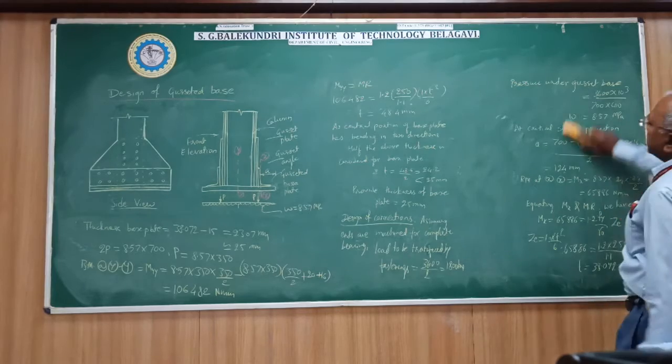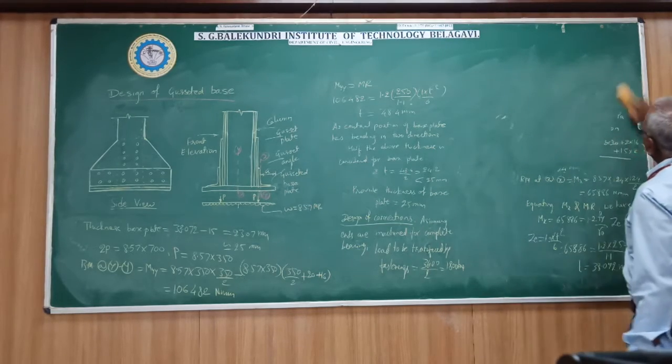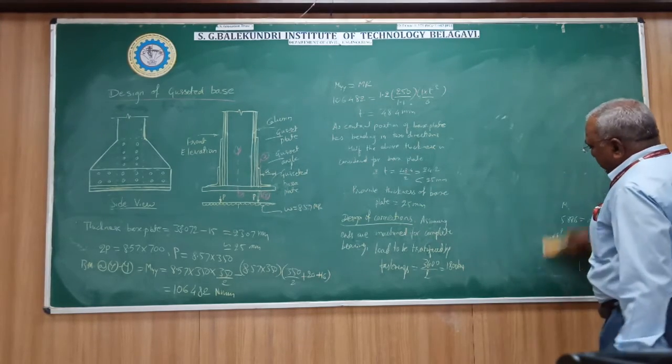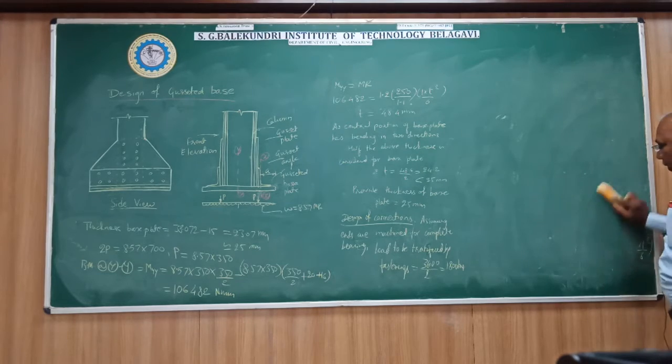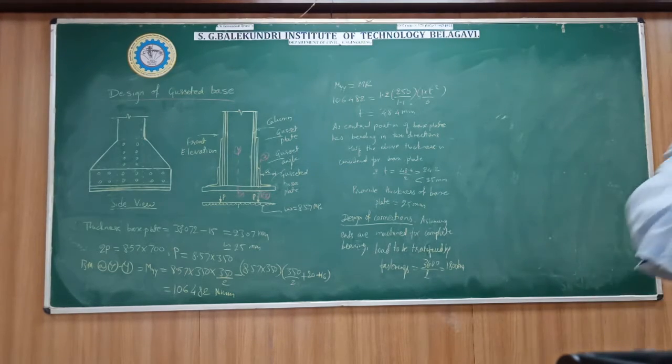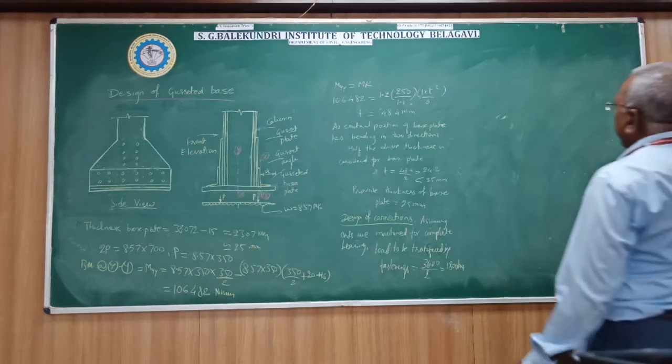So the total fastenings on both sides of the column have to transfer 1800 kilonewtons.